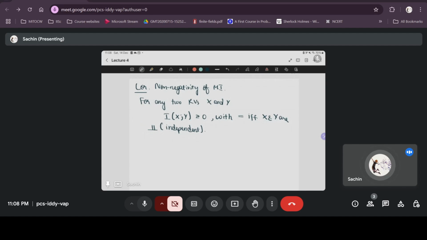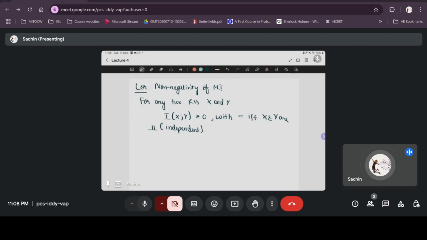So from that we can see that it will be equal to 0 only if H(X) is equal to H(X given Y), which means that X is independent of Y. But to show that it is always greater than or equal to 0, since we are subtracting H(X given Y) from H(X), you will have to show that H(X given Y) is always less than or equal to H(X).